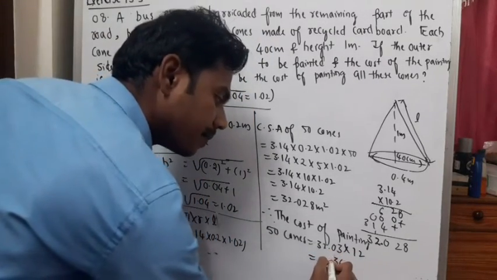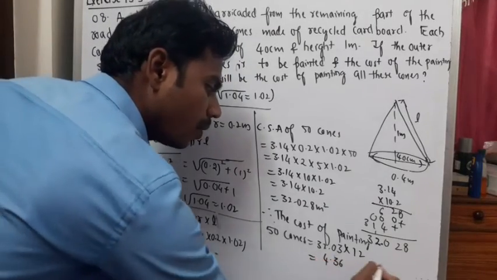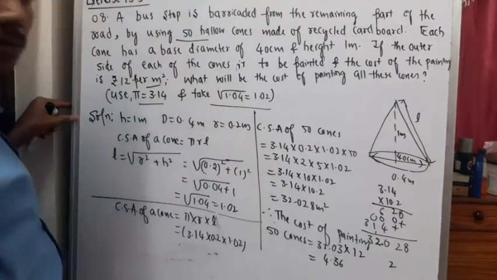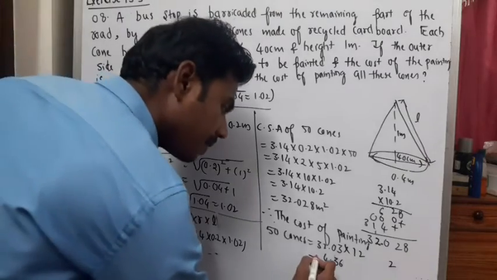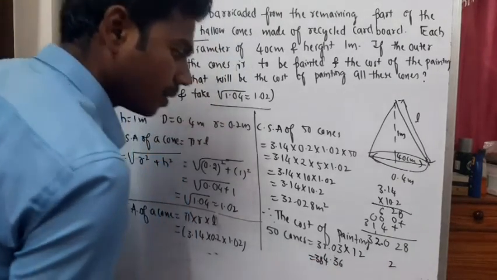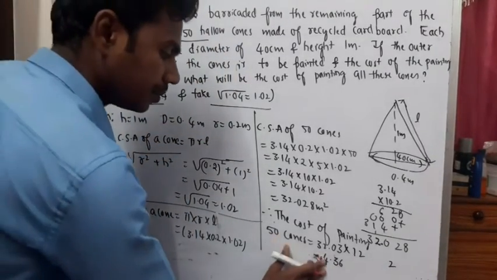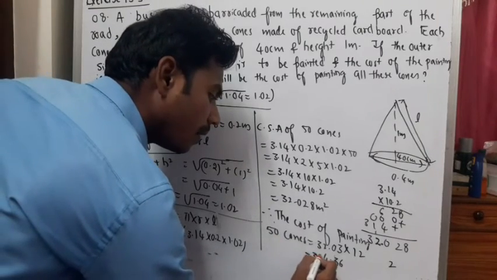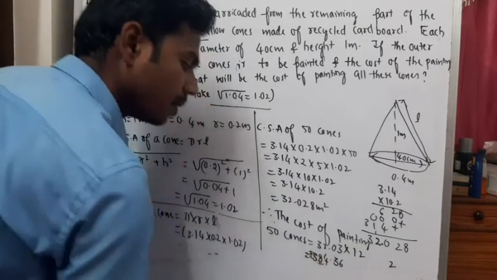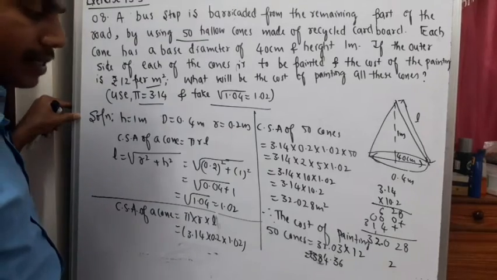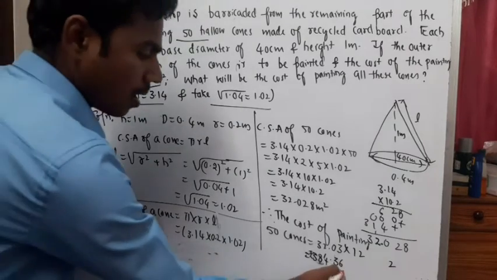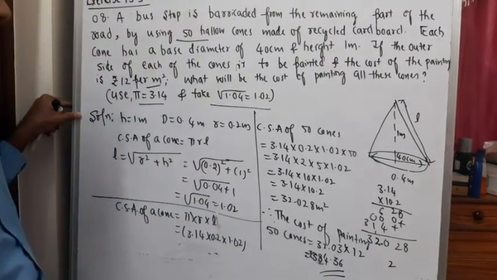Write as it is. 12 2s are 24. 12 3s are 36 plus 2, 38. 384 point. Rupees 384.36 is the cost required for painting 50 such cones.